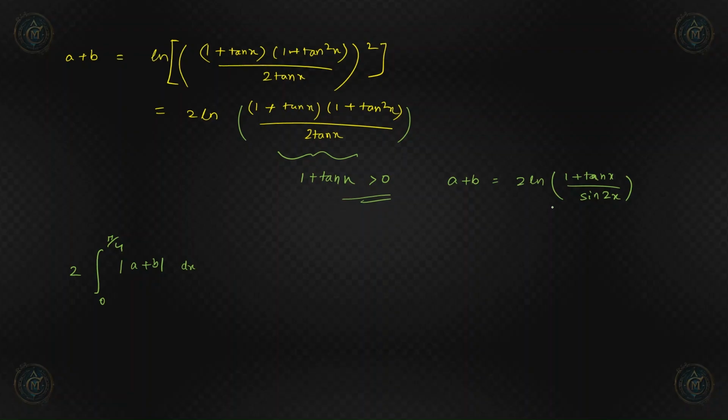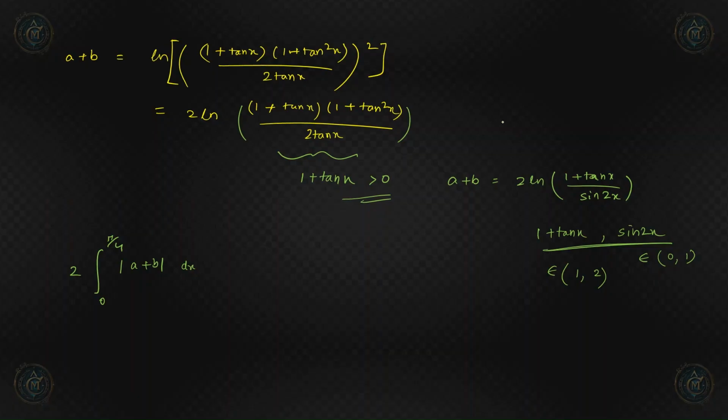So let's check in this interval 1 plus tan x and sine 2x, whether the ratio of these two functions is greater than 1 or less than 1. 1 plus tan x will lie between 1 to 2. We are taking open bracket at 0 because at 0 the term inside log is not defined. And sine 2x belongs to the interval 0 to 1. Observe that both of these functions are increasing.